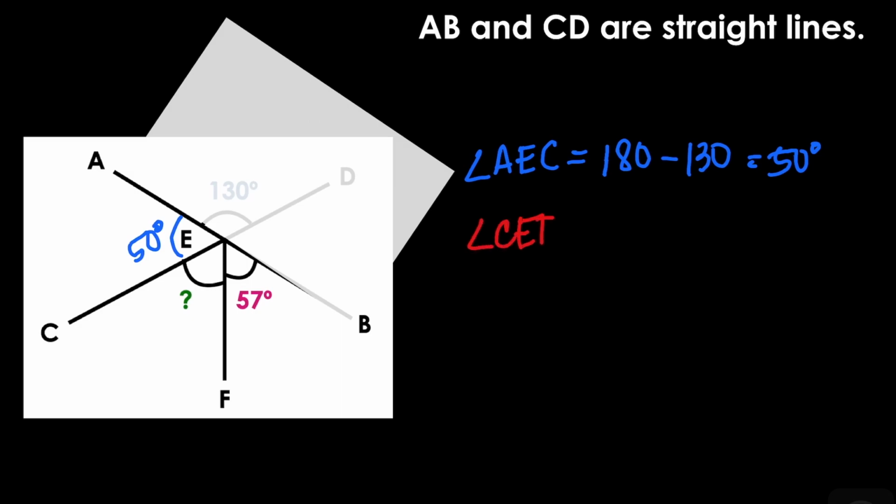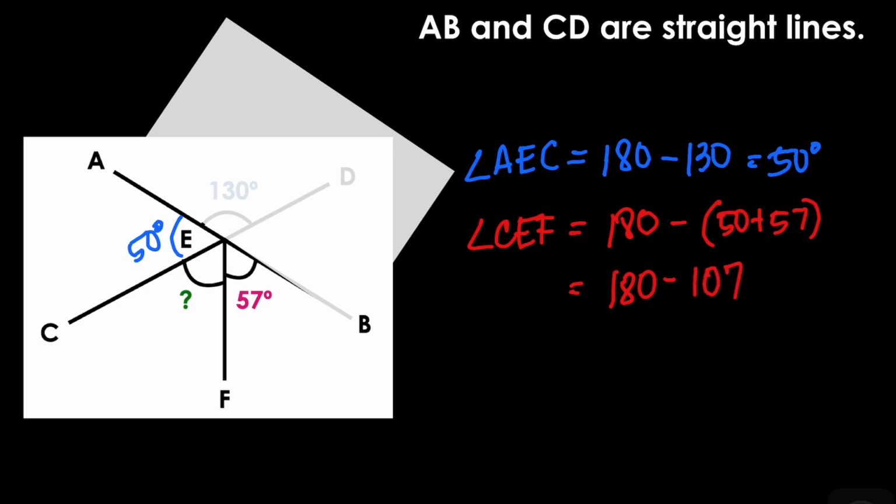Angle CEF would now be equal to 180 minus the sum of 50 plus 57. So 50 plus 57 is 107, and that gives me 73 degrees. So my CEF here is 73 degrees.